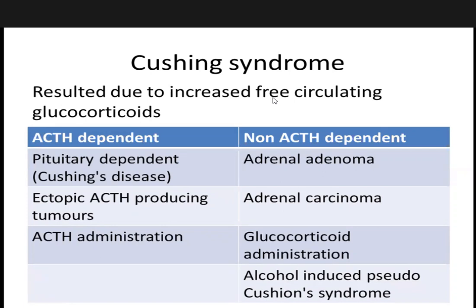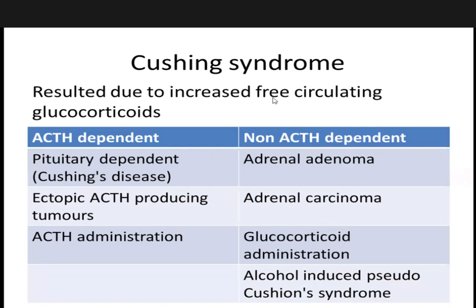Non-ACTH-dependent causes are adrenal adenoma and adrenal carcinoma, glucocorticoid administration, and alcohol-induced and depression-induced pseudo-Cushing syndrome. Right? Those who are taking alcohol for a long period and those who are having depression can have clinical features of Cushing's. So that is called pseudo-Cushing's, right?